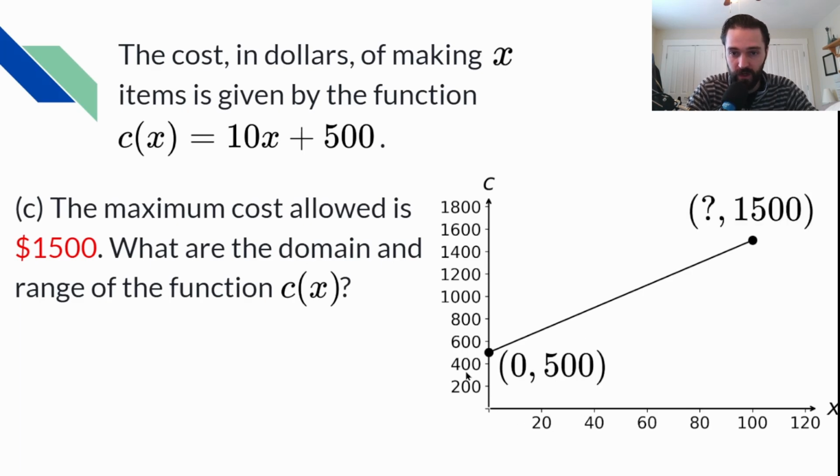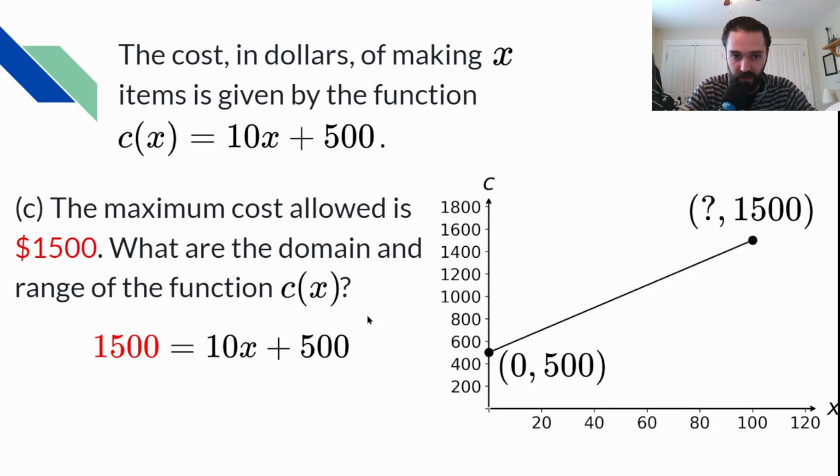So we know that this point here is (0, 500). We found that in part A. But up here, we have an unknown x value. We need to find what this x value is. So let's solve this equation here. If we have 1500 for the output, we want to know what the input x is.